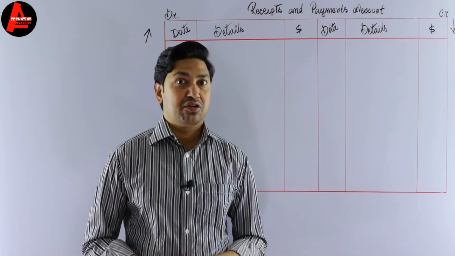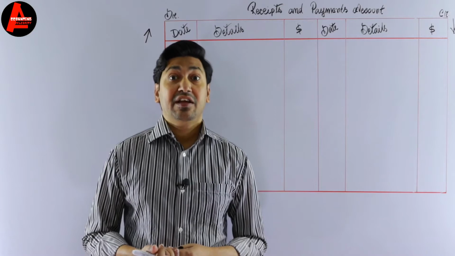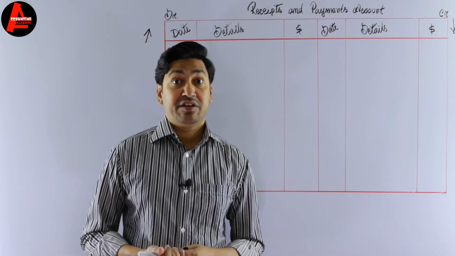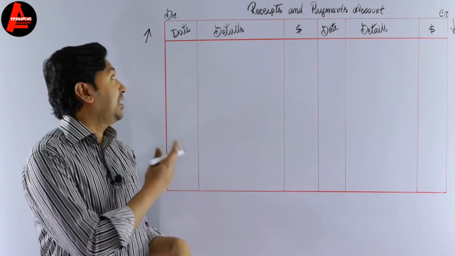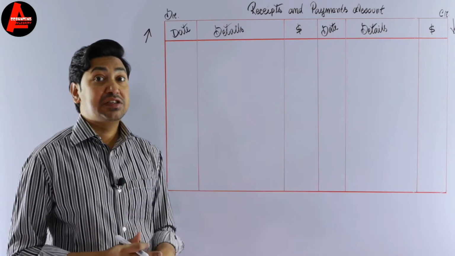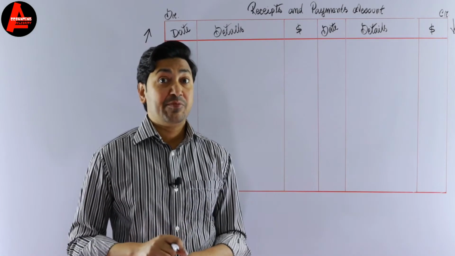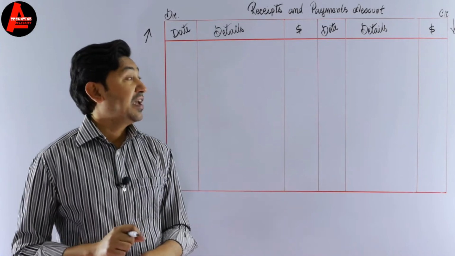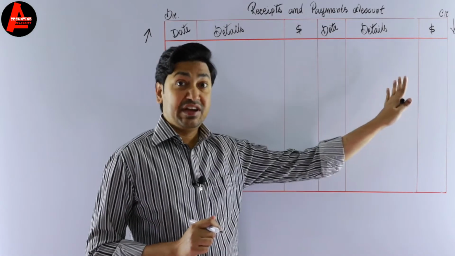Overdrawn. Normally bank balance must be debited, yeah, it is an asset for the organization, so receipts and payment account will have a debit balance. But in this question the bank balance was overdrawn, so it is a liability for this club. In this case we have to write balance b/d on the credit side.